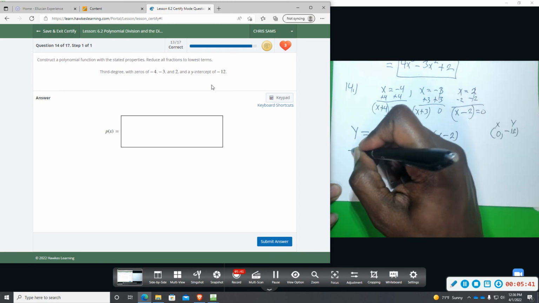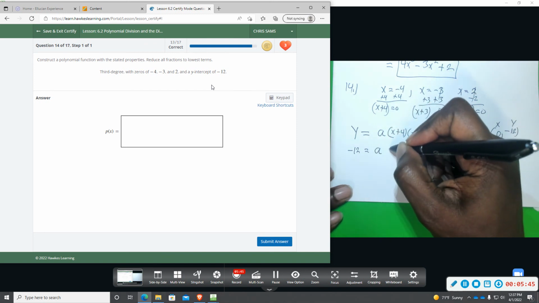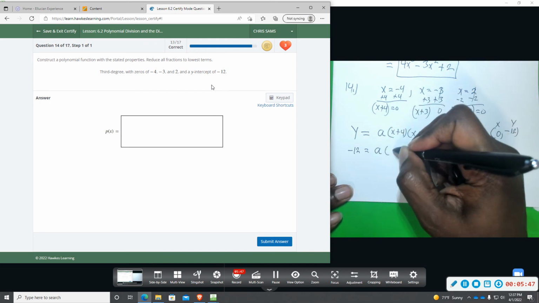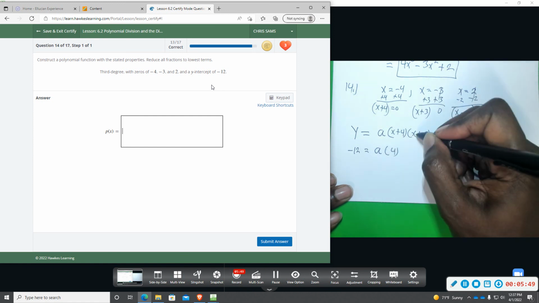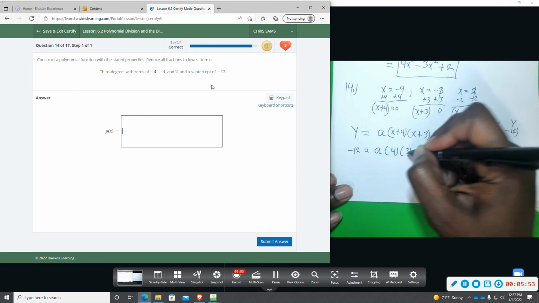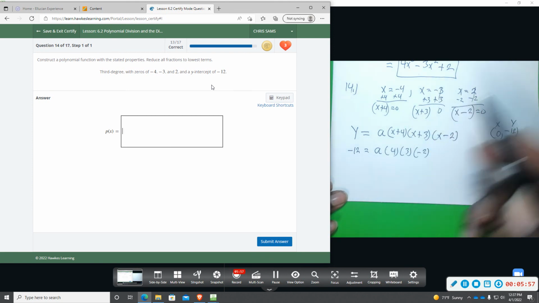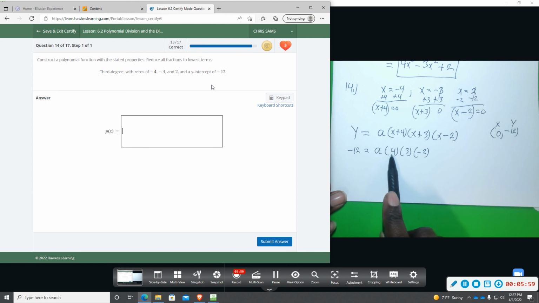So this is going to be negative 12 equals unknown a value. And then it'll be 0 plus 4, which just gives us 4. Because you're plugging in a 0, 0 plus 3, which just gives you 3. And then 0 minus 2, which gives you a negative 2. And then we're going to multiply all this together. It's 12, negative 24.